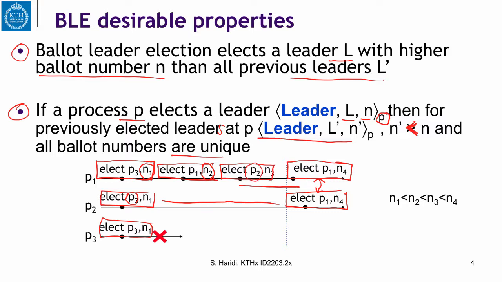So you can still have overlapping leaders. Eventually, they will elect the same leader. But most importantly, when you elect a leader, it comes with a unique number that has not been selected before for another leader. And this is a requirement of Paxos.